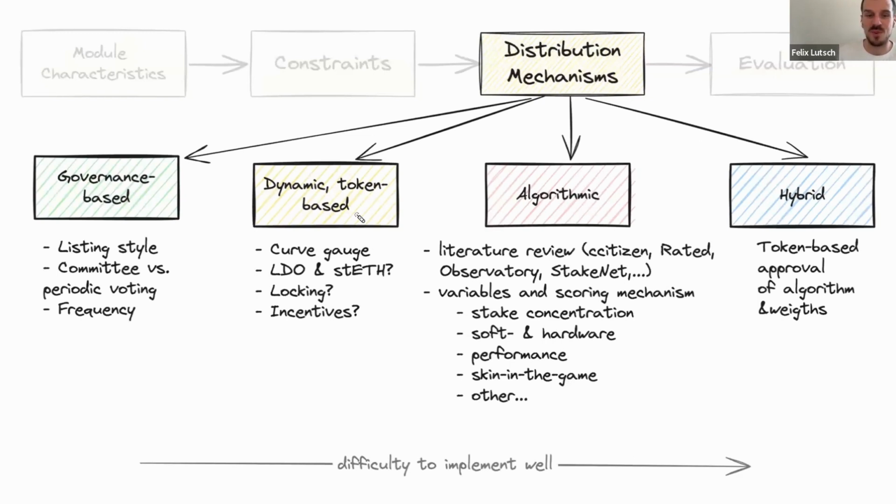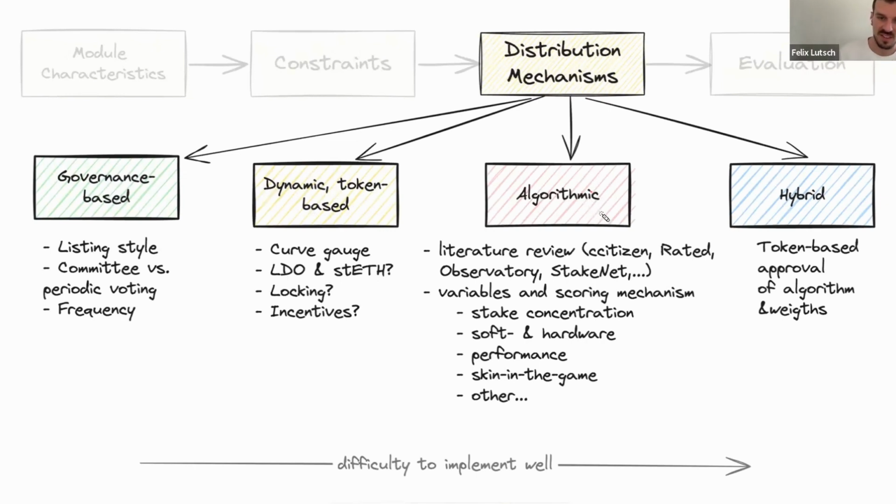But as we know from Curve, derivative structures can emerge from a system like this, with the Curve wars and bribes and Convex or other protocols that try to optimize it for the users, so that they don't need to lock up their tokens so long and get liquidity on them. So it is a bit of a question if you want that. That's kind of a downside of the system, but again, it is relatively flexible. So that might be interesting.